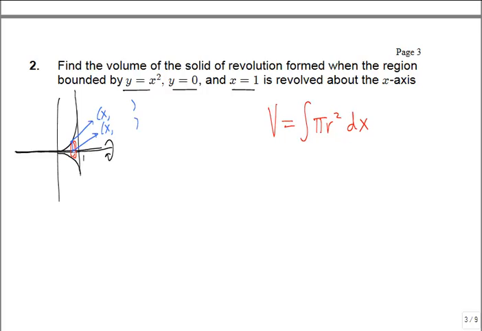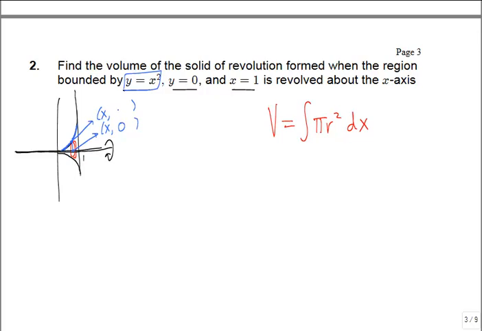The one on the center is right along that x-axis, so its height is always 0. The one on the rim is always going to be on this curve. It's going to follow the rim of this curve. So its y value is going to be whatever y is in terms of that function, which is y equals x squared. And remember, we want everything in terms of x.